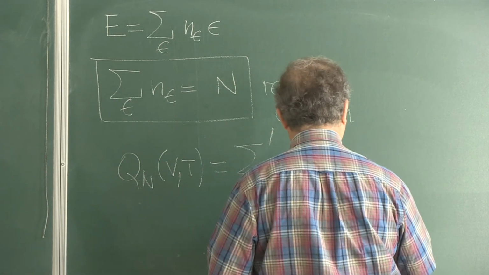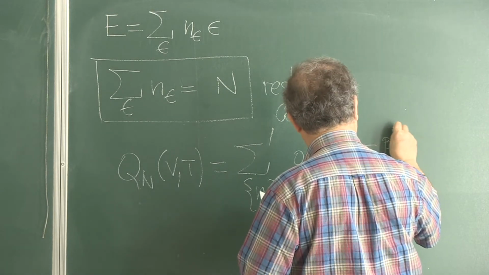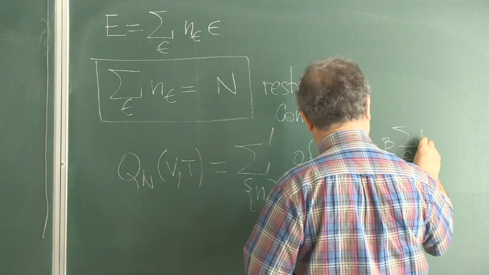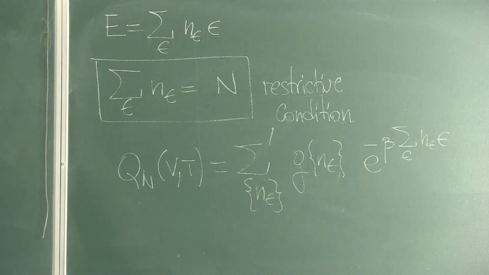I will write what these are, and usual e to the minus beta epsilon. Okay, that's the canonical partition function.